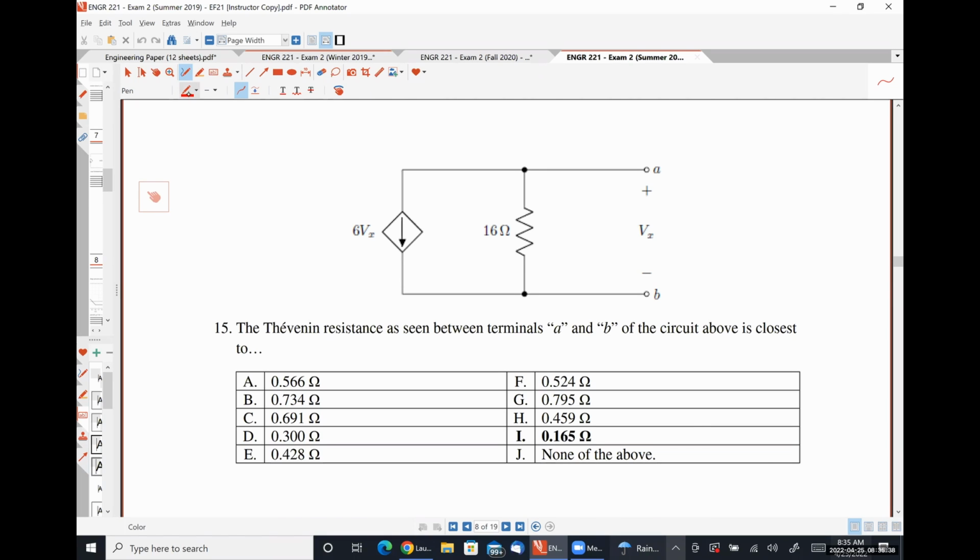So for the test source method, we choose whether or not we want to apply a voltage test source or current test source across the terminals of our network. In this case, I am going to explicitly choose to use a voltage test source. And I'm going to call it a 1 volt source.